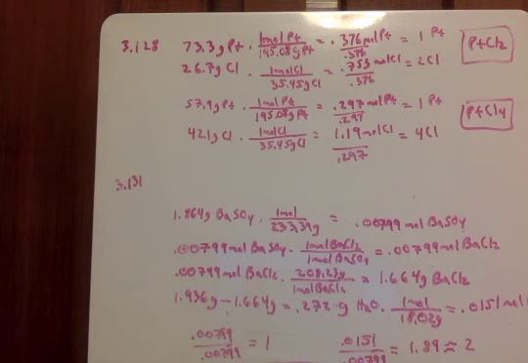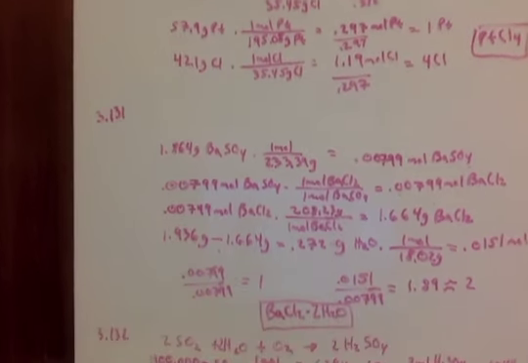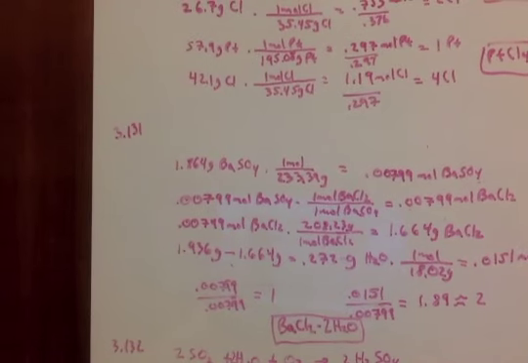Now, changing that to grams, I get 1.664 grams of barium chloride. Now, our original barium chloride with the hydrate, with the water in its formula, had a mass of 1.936.